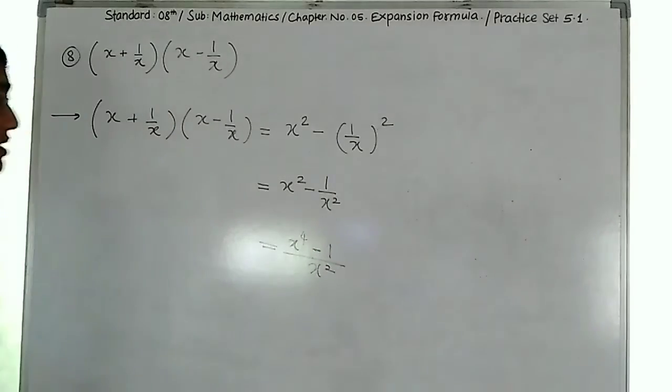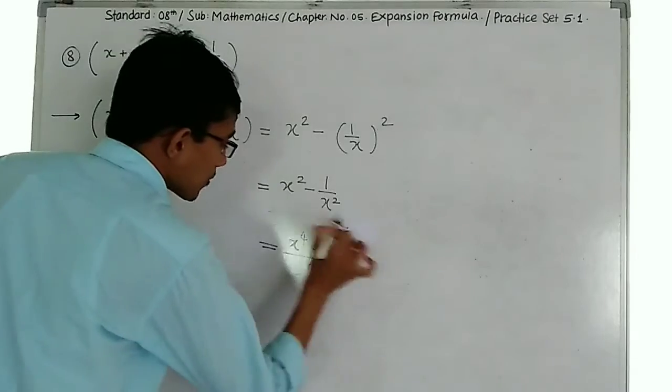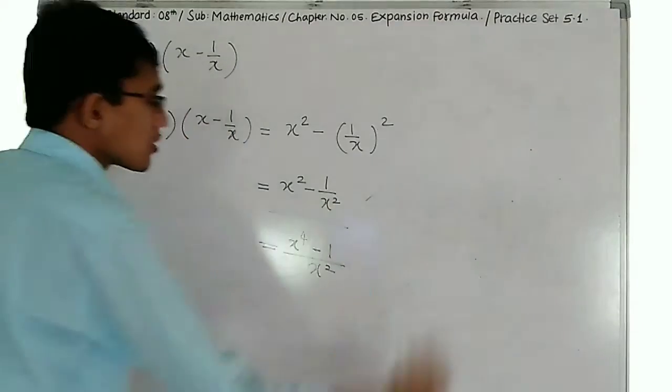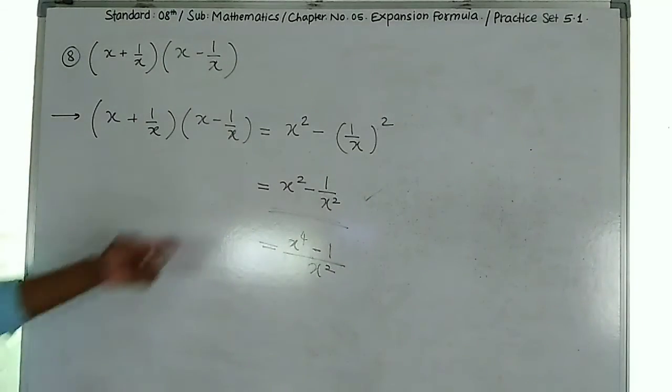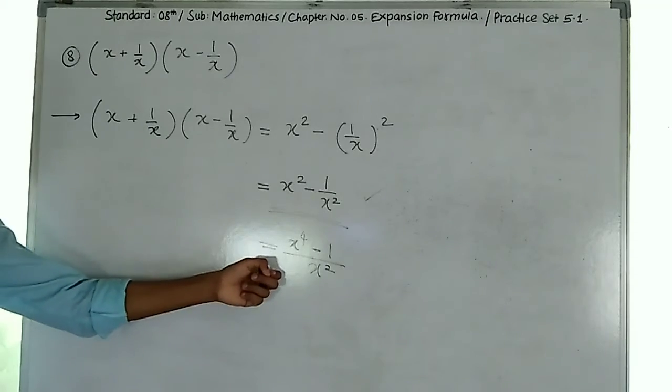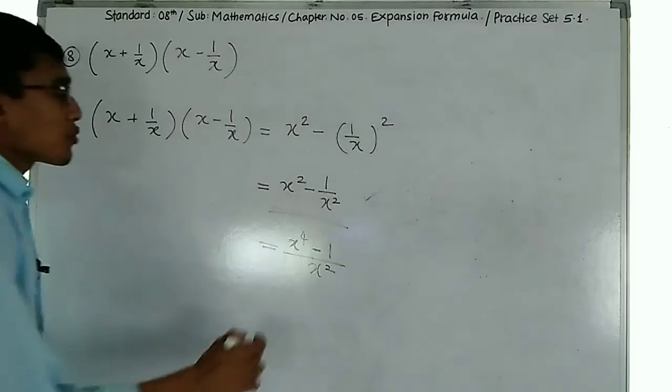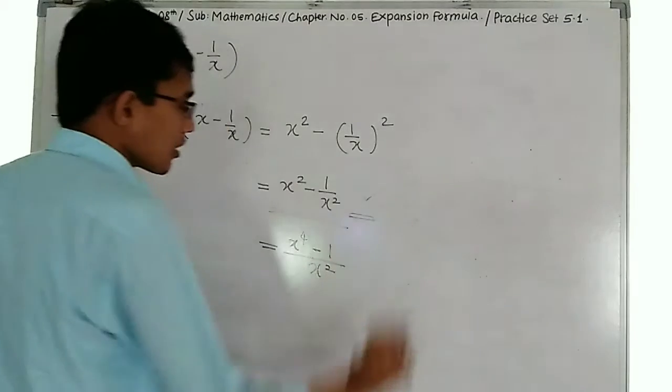So we have got (x⁴ − 1)/x². Or else you can write up here. This is the required statement, but if you want to simplify it more, you can write like this. But I suggest that you keep the answer up till here only.